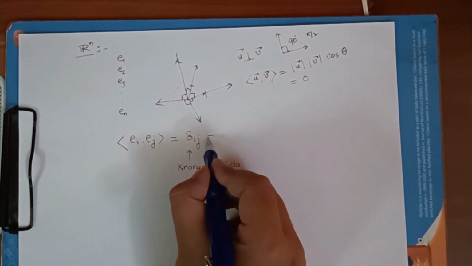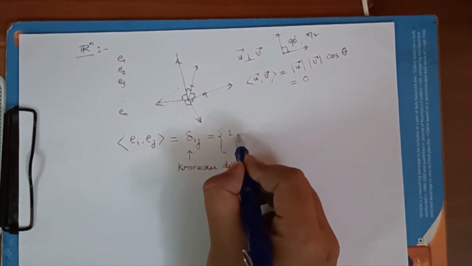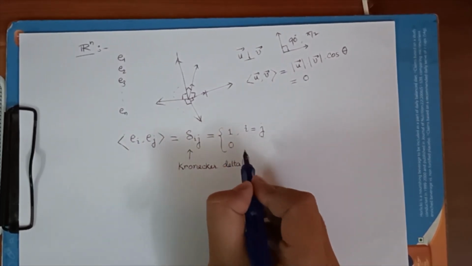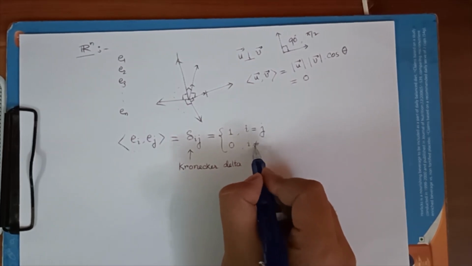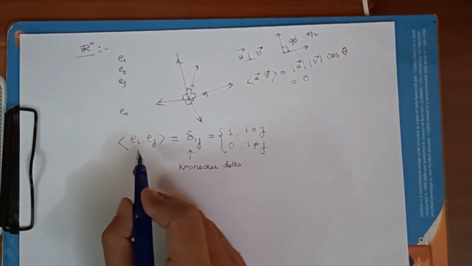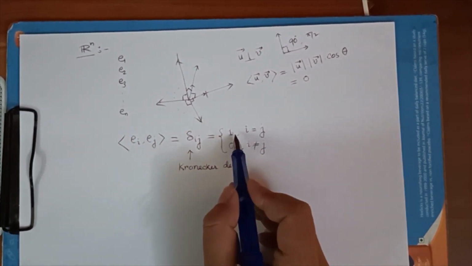This Kronecker delta takes two values. It will be 1 if i is equal to j. It will become 0 otherwise, if i is not equal to j. You see that orthonormal basis vectors follow this.